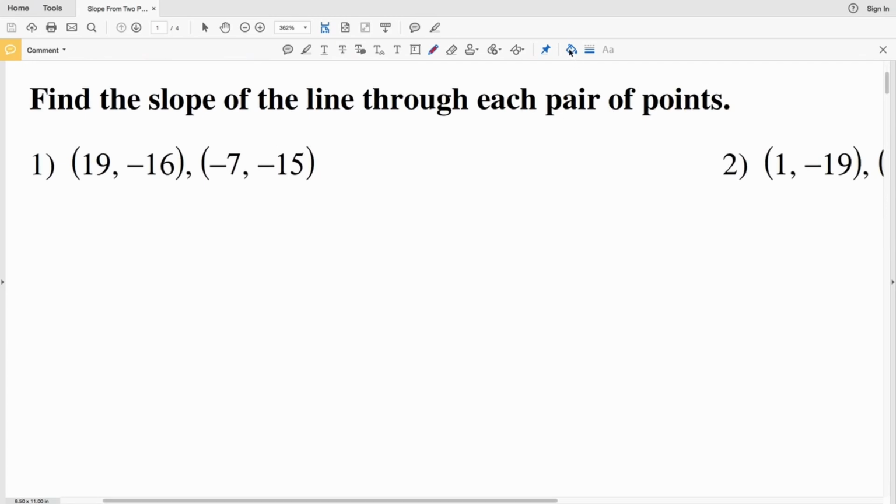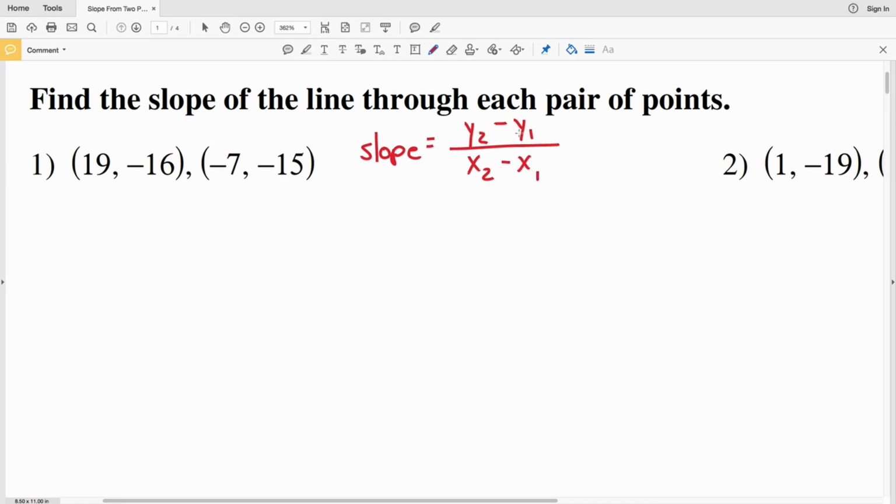The formula for slope is slope equals the rise over run, which is the change in y over change in x. So that's going to be y2 minus y1 all over x2 minus x1.